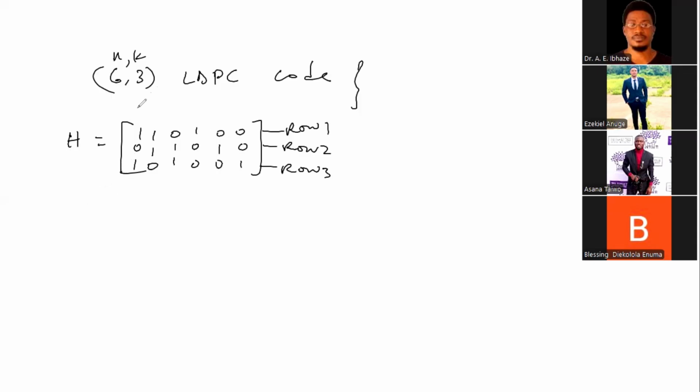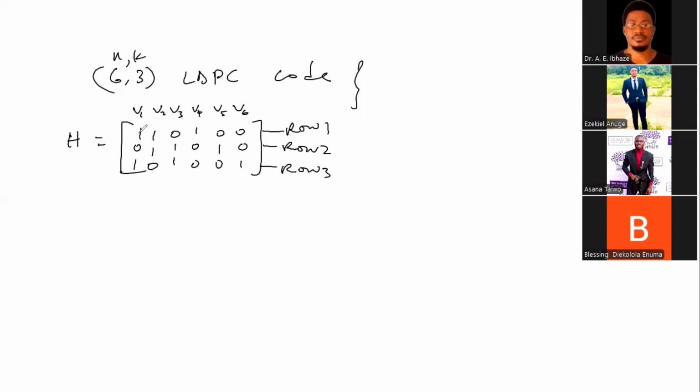Each of these, which is V1, V2, V3, V4, V5, V6, forms the code word length. We've not done the code word generation. And for us to be able to tell the variable nodes, we should be able to pull out each of these parity check equations.